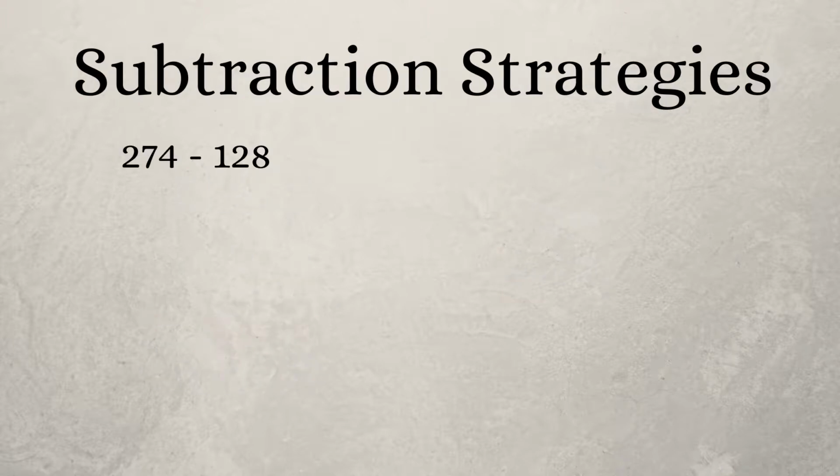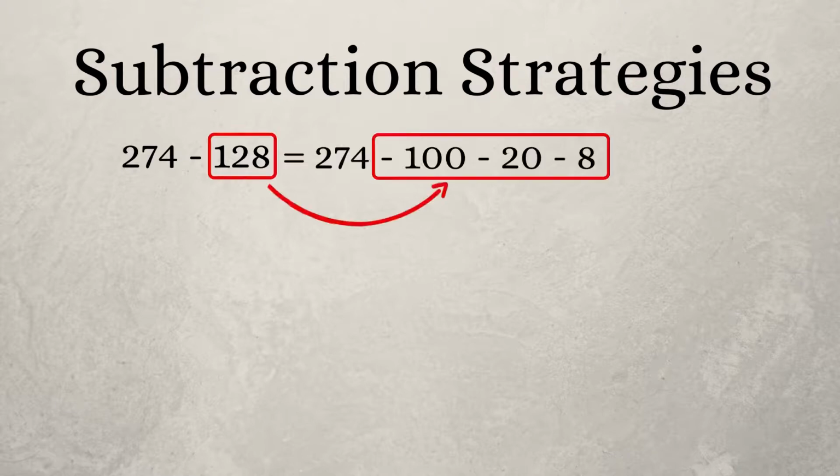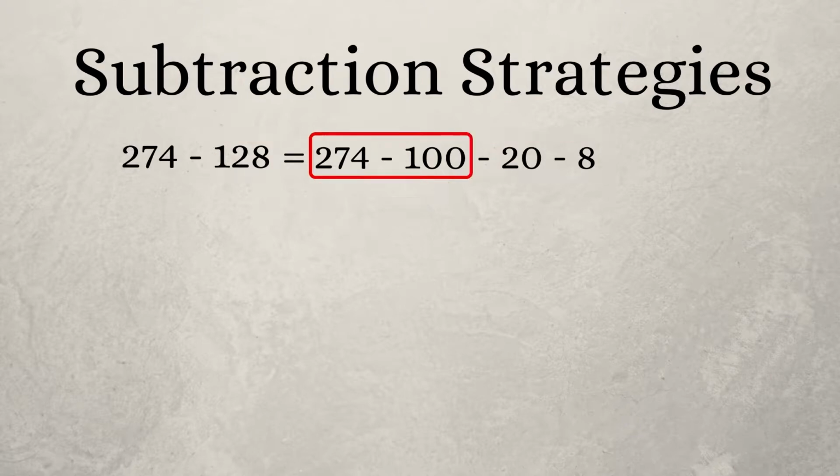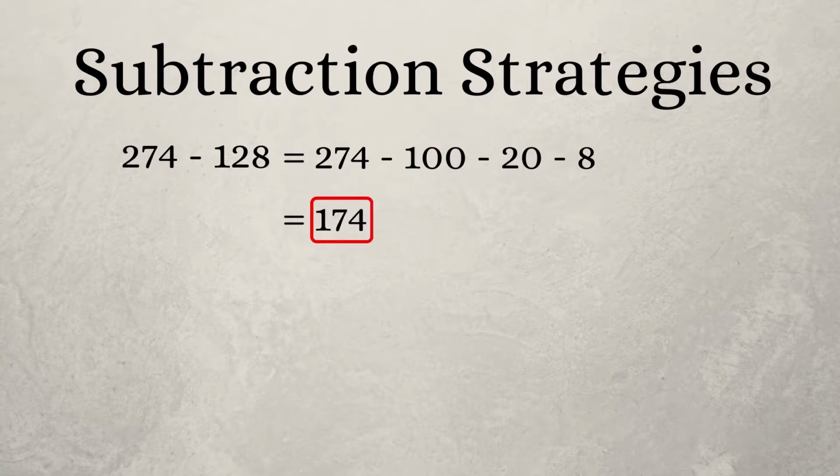Now we'll use a mix of these two strategies to solve any difficult subtraction. 274 minus 128. Instead of subtracting 128, we subtract 100 first, followed by 20, and then we subtract 8. So, 274 minus 100 is 174.